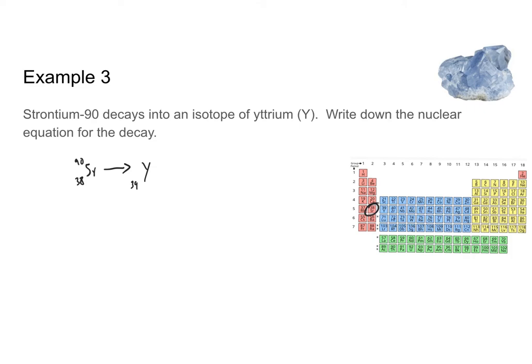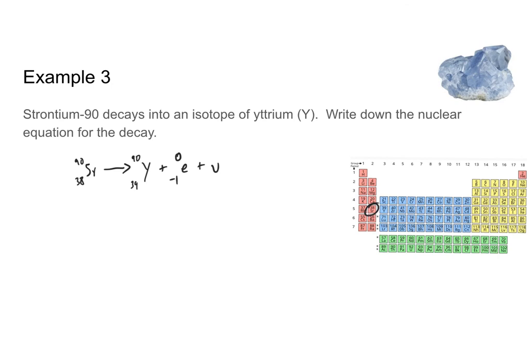We know it's not positive beta decay because we're not decreasing our atomic number by 1. And we actually know that it has to be negative beta decay, so that we can balance out the right side of our equation with the left side. So because of that, we know that an electron and an electron antineutrino are both going to be released. And we know that our atomic mass must stay the same at 90.